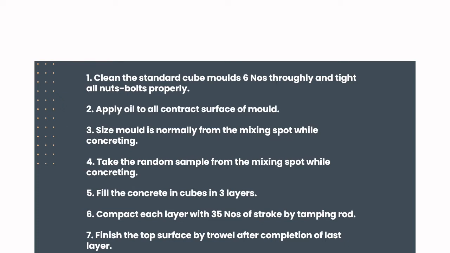Fourth, take a random sample from the mixing spot while concreting. Fifth, fill the concrete in the cubes in 3 layers. Sixth, compact each layer with 35 strokes of the tamping rod. Seventh, finish the top surface with a trowel after completing the last layer.